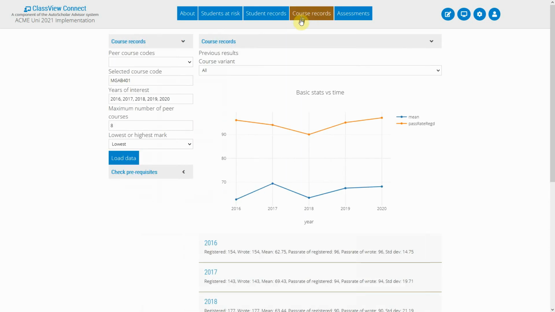Then looking under course records, we can look at historically the performance of this course. So we can look at the pass rate as it's varied over the past 5 years and the mean. So all that's available. If there are different instances of the course, so for example, if you have course codes for the same course on different campuses, you can select that variant for campus here.